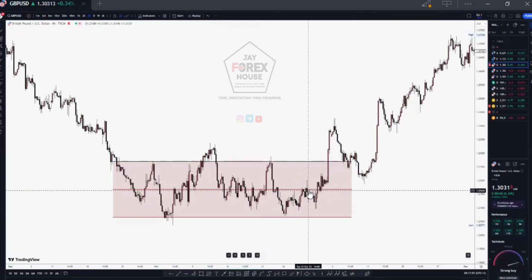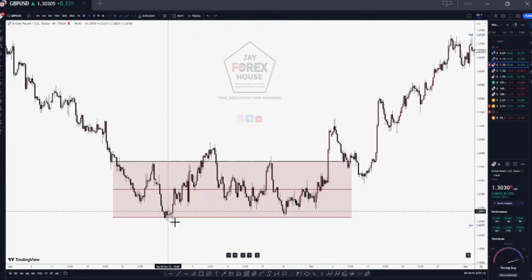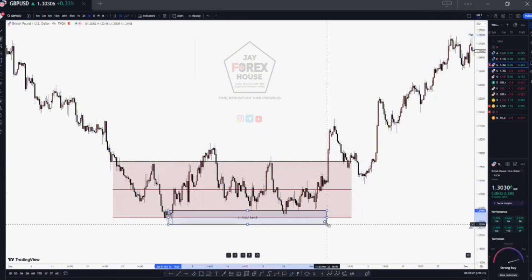As you can see, the multiple retests aligning with the equilibrium level also give extra confirmation that this is actually an accumulation pattern. As you can see, price did a retest of the last point of supply instead.